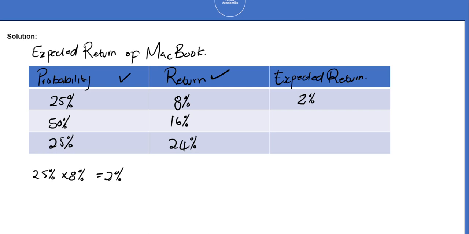Okay, so someone said they don't know how this works, so I'm just going to explain, right? So remember, the calculation was 25% times 8%, right?